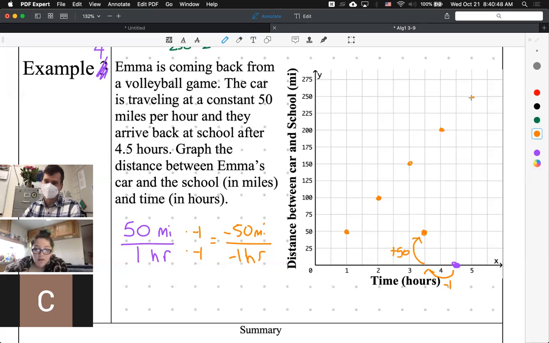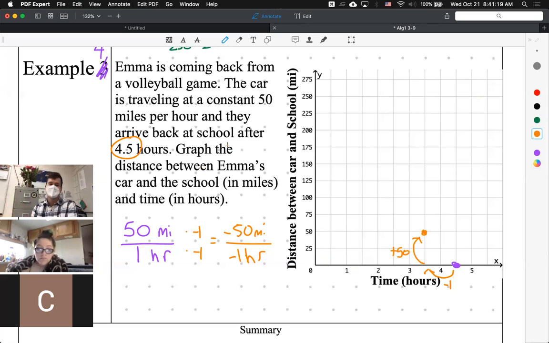So you're really close. And I think this is probably one of the most common mistakes on this type of problem: you have the slope correct. It is still 50 miles per 1 hour, because if you look at this point, yeah, 50 miles per 1 hour. You have the slope correct, but you don't have the intercept correct. 4.5 hours is one of the intercepts, and you haven't used that information yet. 4.5 hours is when you return to school, and it's hard to interpret that.